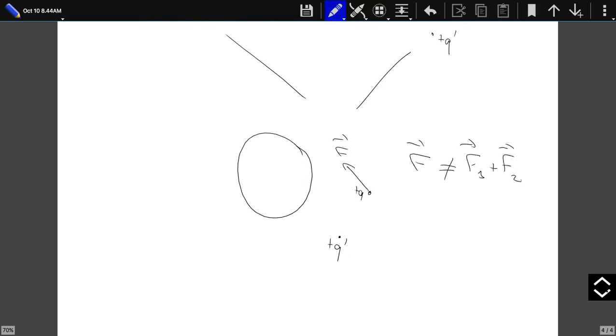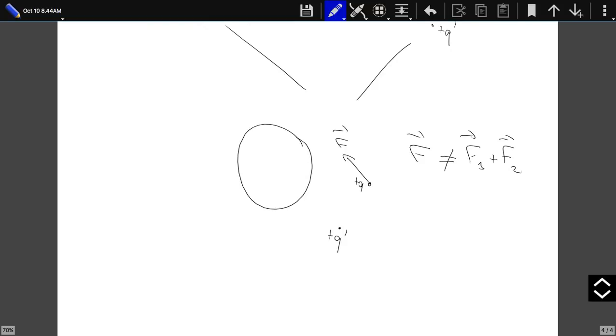If we put the plus Q prime over there, the charge distribution in the sphere changes. It's not the same that created F1. So since that also changes, the force due to the sphere is no longer F1. It is some other force, which you will be able to evaluate eventually.